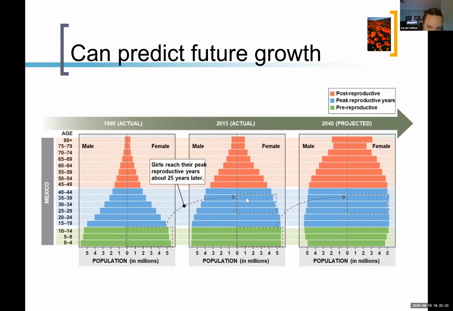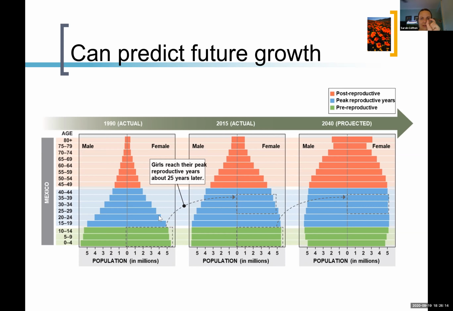Between the ages of 25 and, wait, can I read? Yes, 25 and 40, because it's 25 years later. So after 25 years, these bands move up. So what that means is that there are a lot more people now in the reproductive years than there were back here.